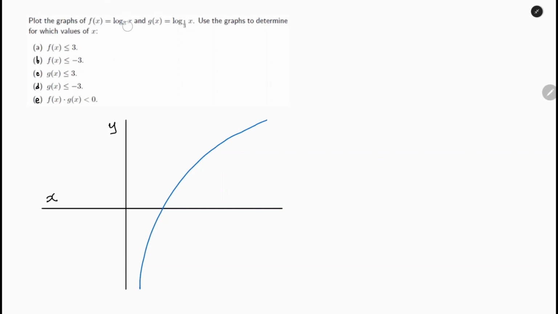Let me just label that. This is f of x, and then I'm also going to draw in green g of x. As I can see here, the base 1 over 3 is less than 1, so that means my log graph is going to have this decreasing shape.